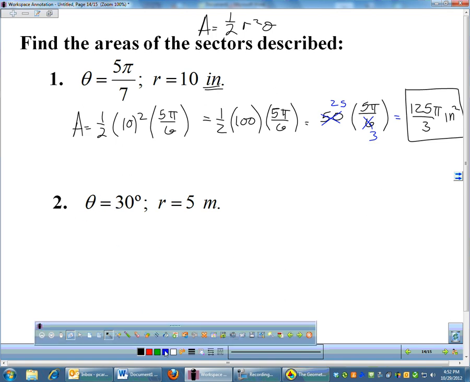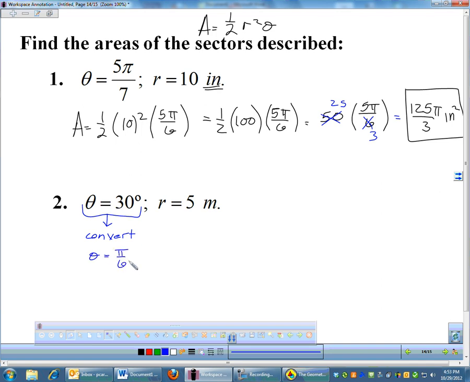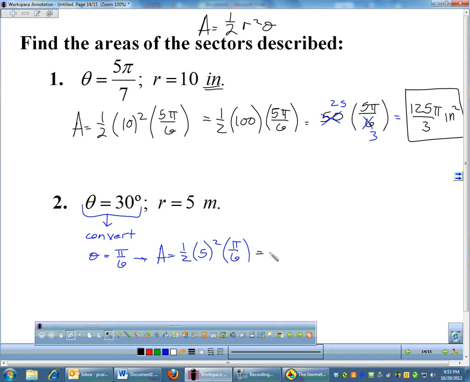Same thing for this one. Again, this is in degrees, but we have to convert to radians. We just did this angle. This is the exact same angle, so we know that this converts to pi over 6 just for the sake of saving time. So that means my area is going to be 1/2 of r squared, 5 squared, times my angle, which is pi over 6. 5 squared is 25.